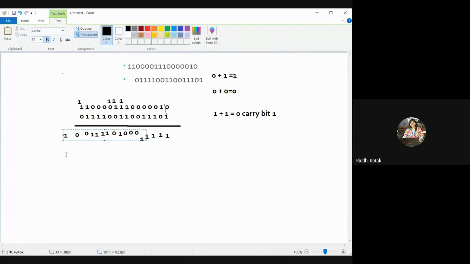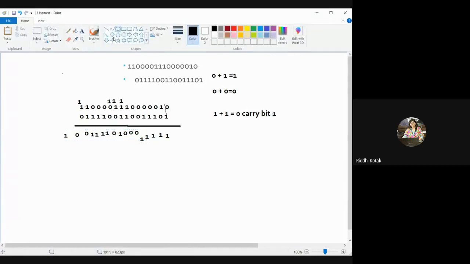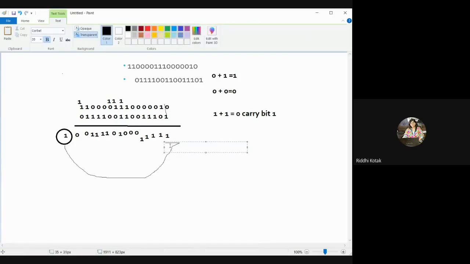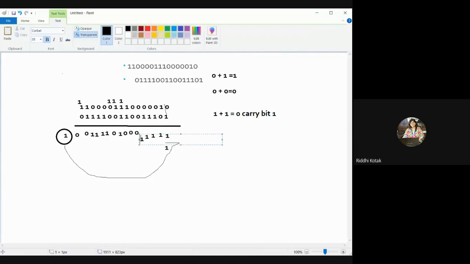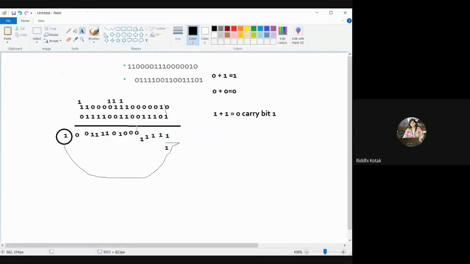MSB. So what we have learned: suppose you are getting this carry over here, then you have to do wrap around. Come to this point and add that 1 bit over here. Start again with 1 plus 1, 0 and 1 carry bit, in that manner, till this carry comes, and again a carry bit comes over here, so that is 1 plus 0, 1.